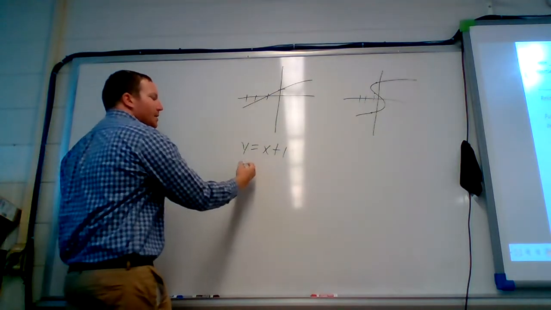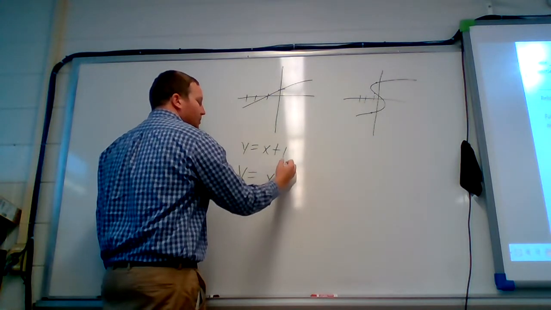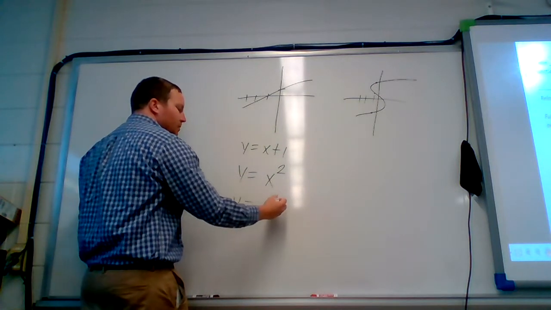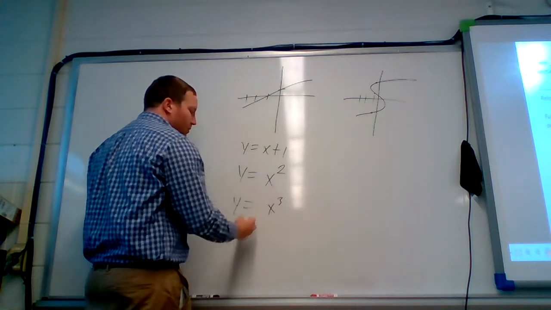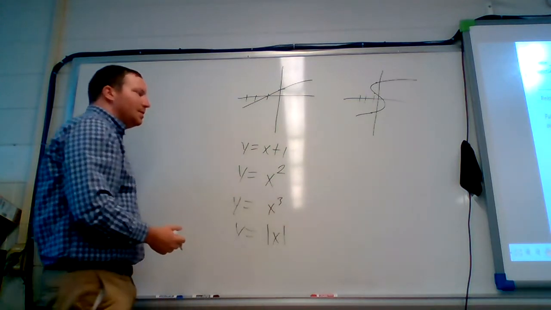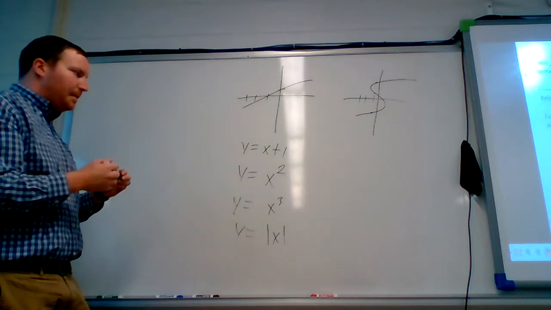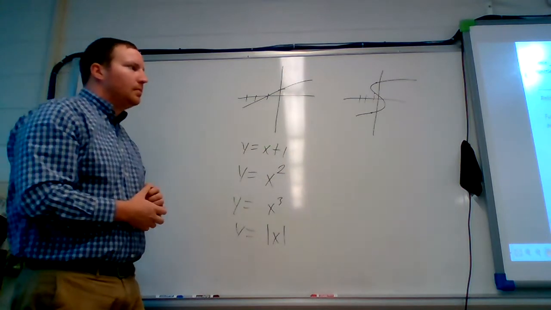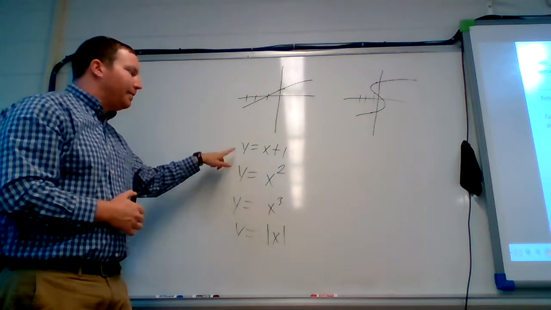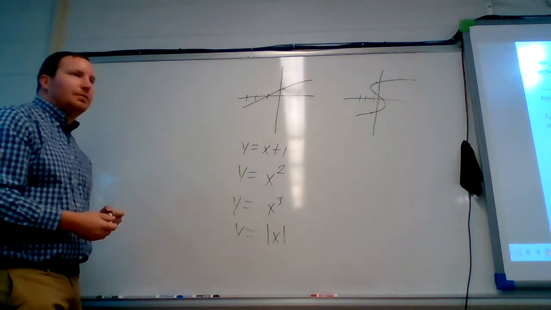Or y equals x squared. Or y equals x cubed. Y equals the absolute value of x. All of these things are functions. Okay? For every x value, I'm getting exactly one y value back out.